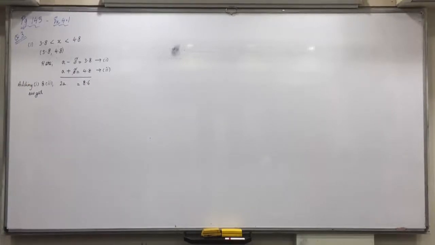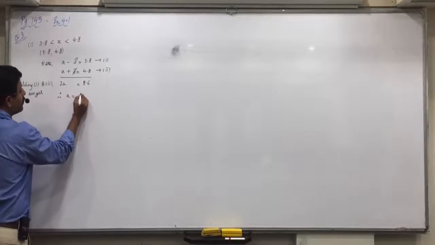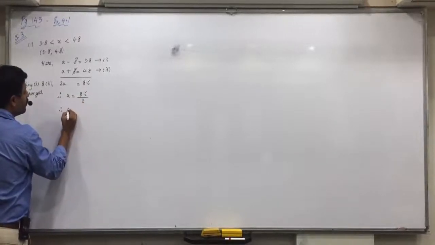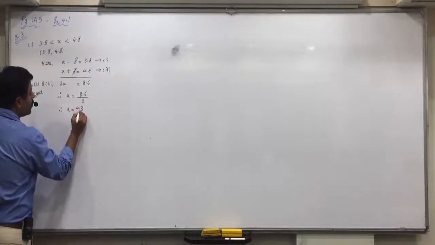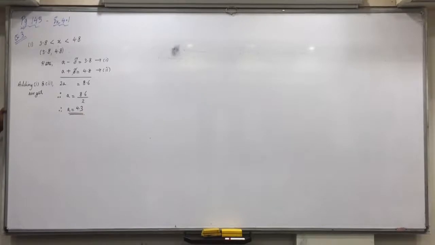Any confusion in this? Now if you bring 2 to the right side, then 8.6 divided by 2 is 4.3. The value of a is obtained. Now you can put this in either of the two equations and get the value of delta.